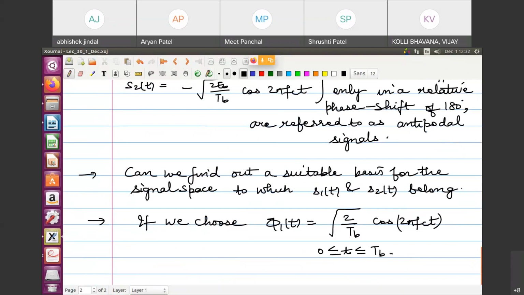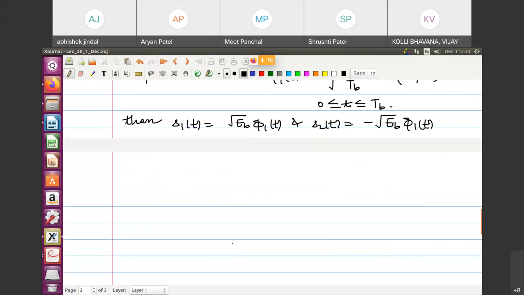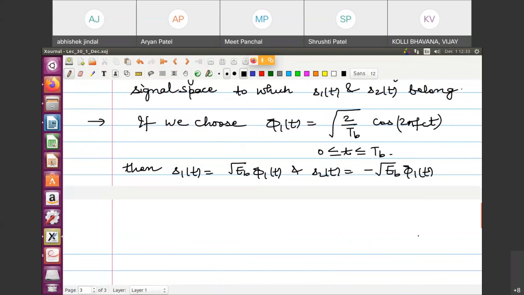Okay. Then S1(t) can be written as root of Eb times phi 1(t), and S2(t) can be written as minus root of Eb times phi 1(t). So it requires only a single basis function. Okay, so it's a one-dimensional space to which your S1(t) and S2(t) belong.